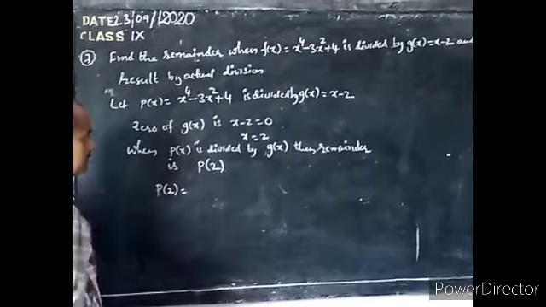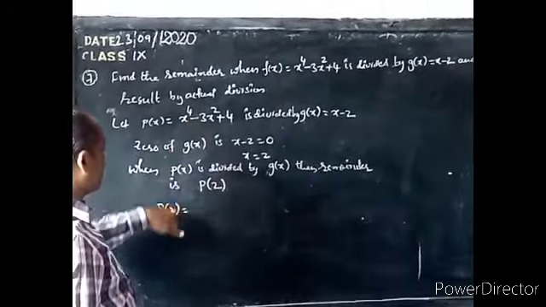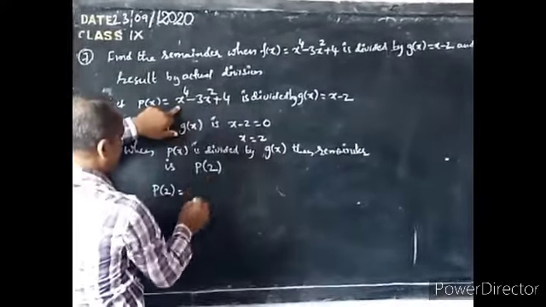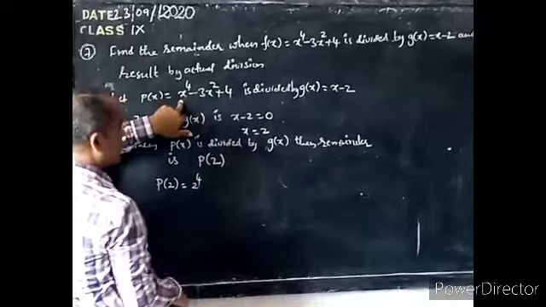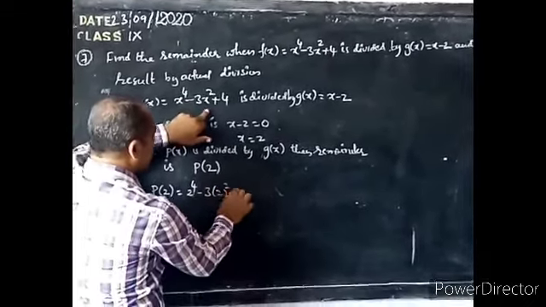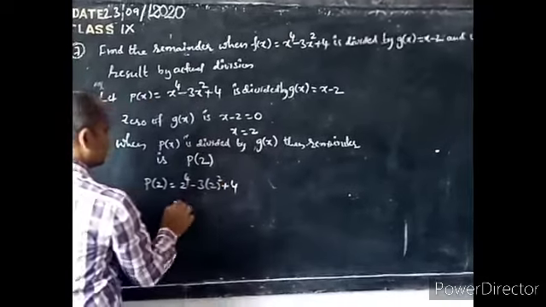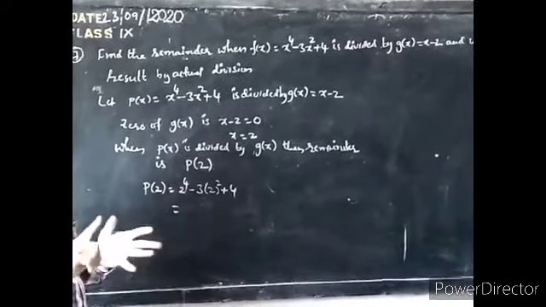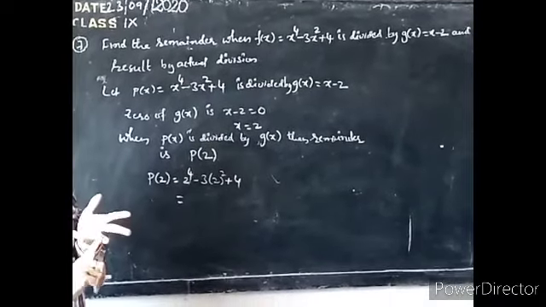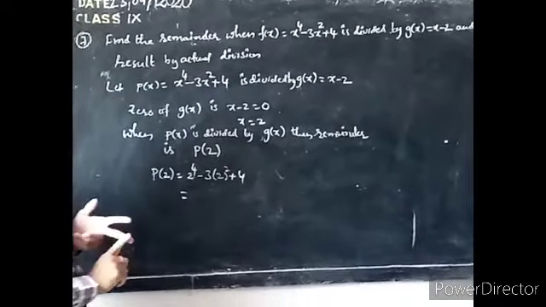P of 2 is how much? Where x exists, we have to write 2. So p of x is x power 4, that means 2 power 4 minus 3 into 2 square plus 4. 2 power 4 means how much? 2 into 4 times: 2 2s are 4, 4 2s are 8, 8 2s are 16.